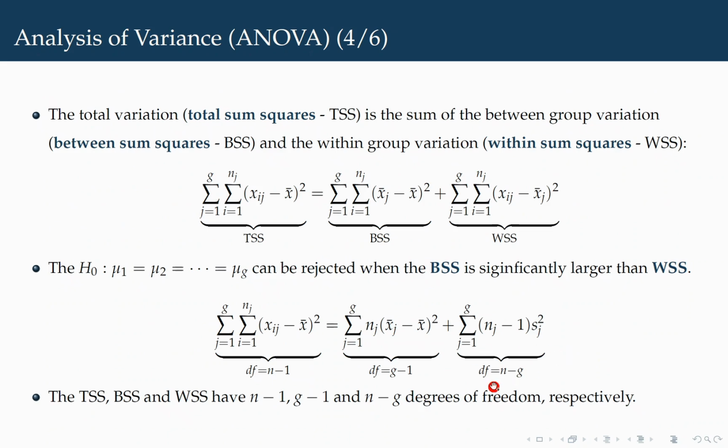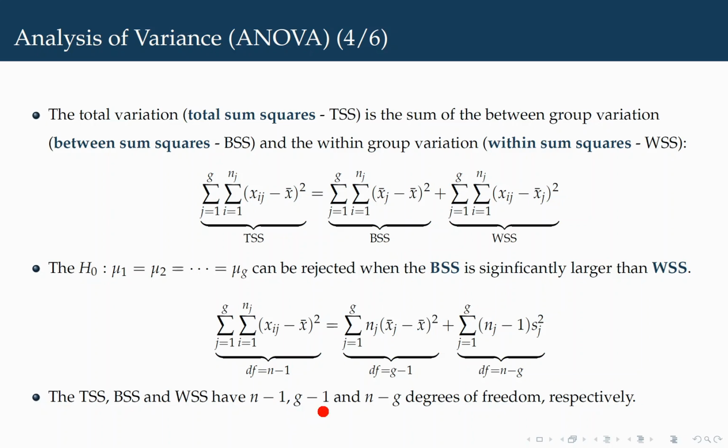Then here we have what we call degrees of freedom, or the number of independent observations that are free to vary. So regarding the total sum squares, there will be n minus 1 observations that are free to vary. So the degrees of freedom for the total sum square is n minus 1. And the degrees of freedom for the between sum squares is g minus 1, or number of groups minus 1.